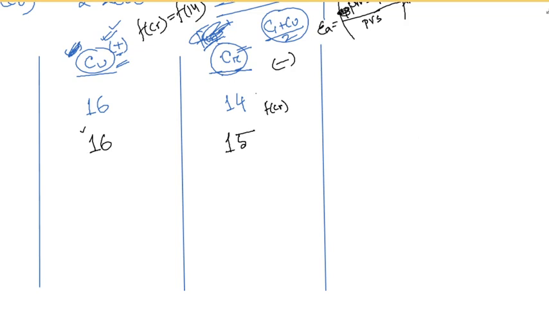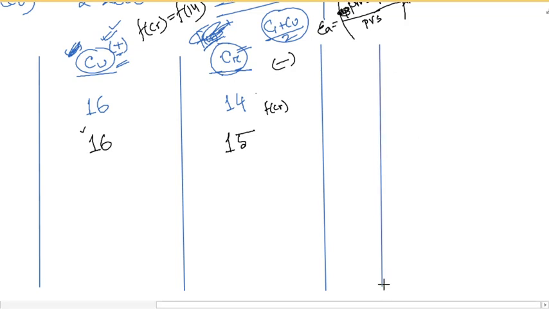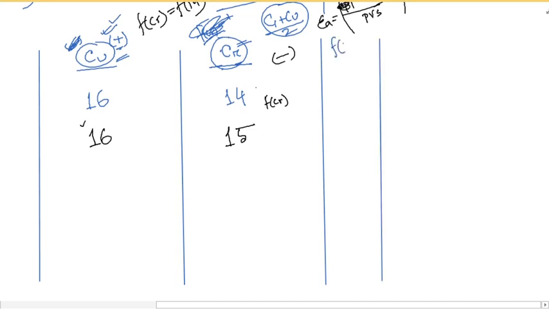So there will be another column here which indicates the F(CR) sign. In this case it was negative, and for epsilon A percentage, in the first step there was no approximate error. In the second step we have found this as 6.67%.